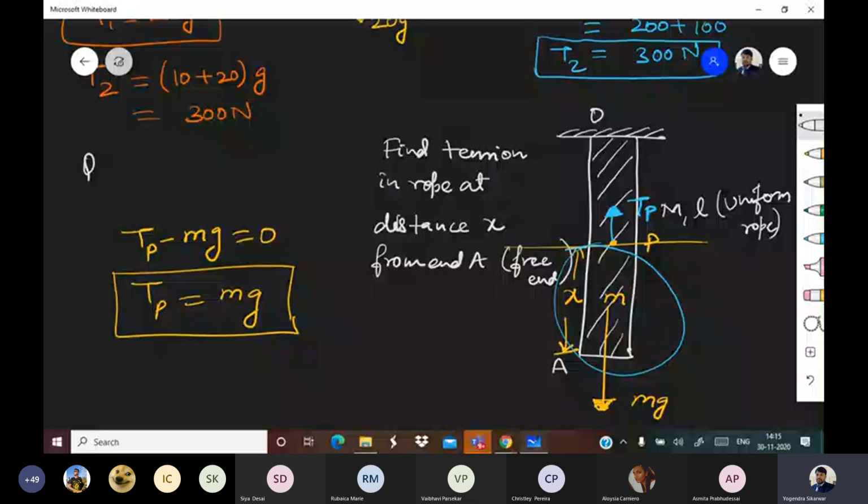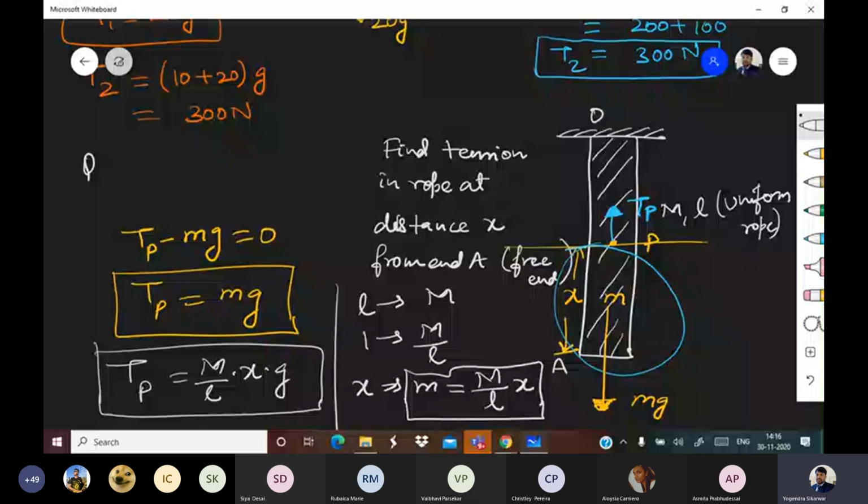So small m comes out to be M by L into x. Let us put it here: M by L into x into g. This is the tension at point P, at distance x from the free end. Now just for the sake of checking our answer, everyone please pay attention.